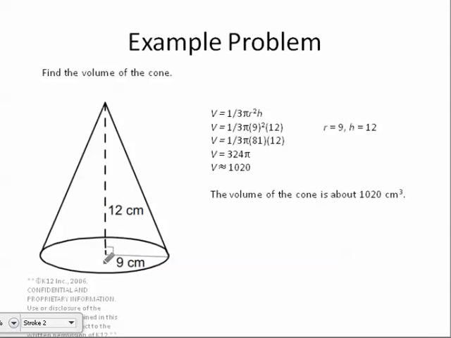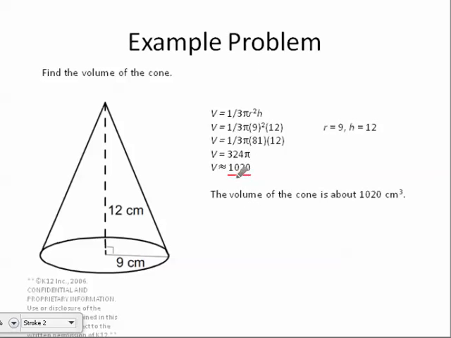So here we've got a radius of 9. That's going to be 9 squared times the height, 12. So 9 squared times 12 divided by 3 is going to give you 324 pi, or 1,020 centimeters cubed.